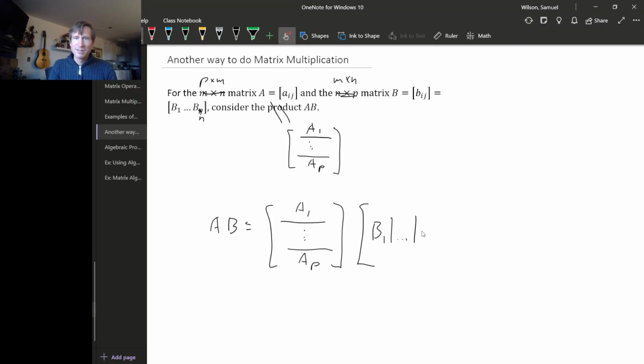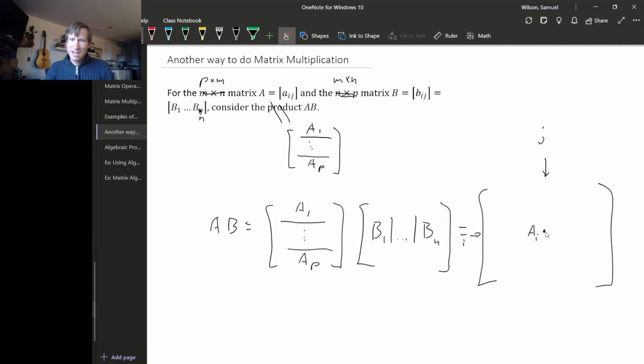So when you multiply these matrices, in the ith row and the jth column, what you get is just the dot product of the ith row from A and the jth column from B. So that's one nice way to think about what this matrix product is doing. You're actually just computing dot products for all combinations of rows and columns.